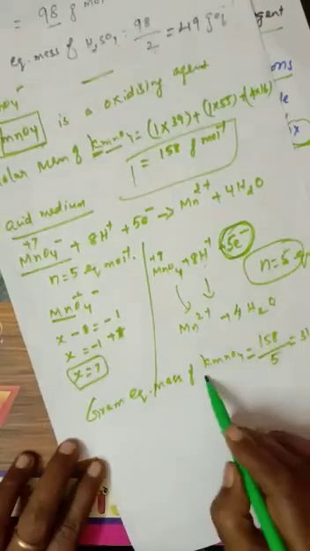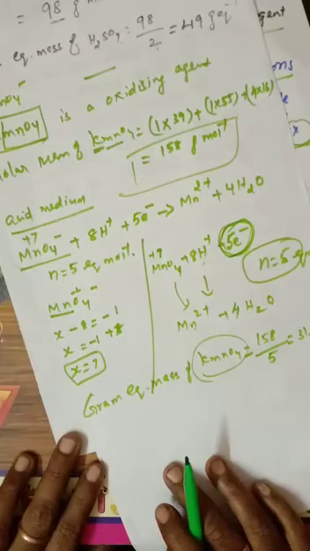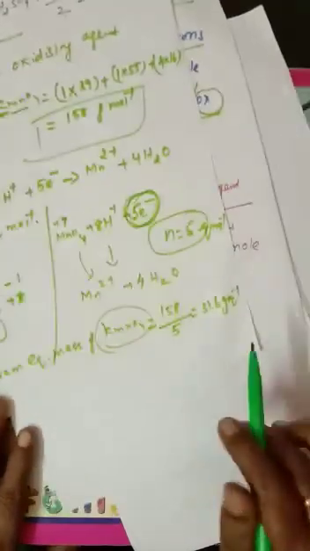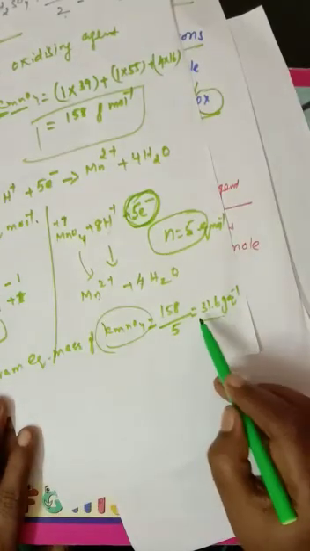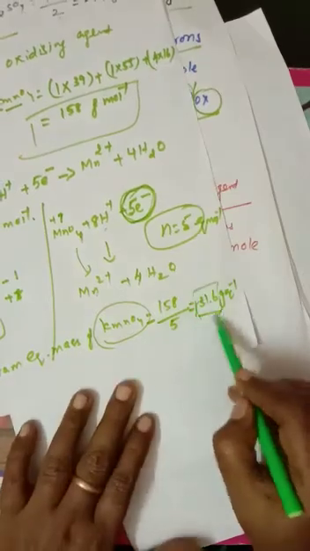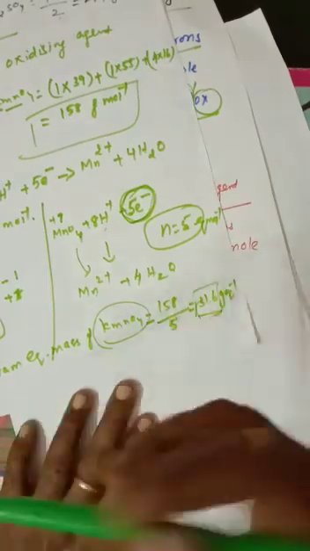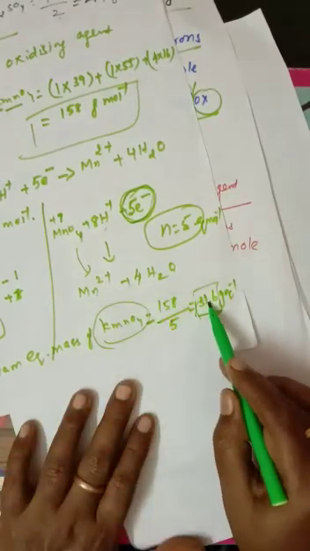So the KMnO4 equivalent mass is 31.6 gram per equivalent. Its molar mass is 158 and its gram equivalent mass is 31.6 gram per equivalent. Okay children, we will see in the next class.